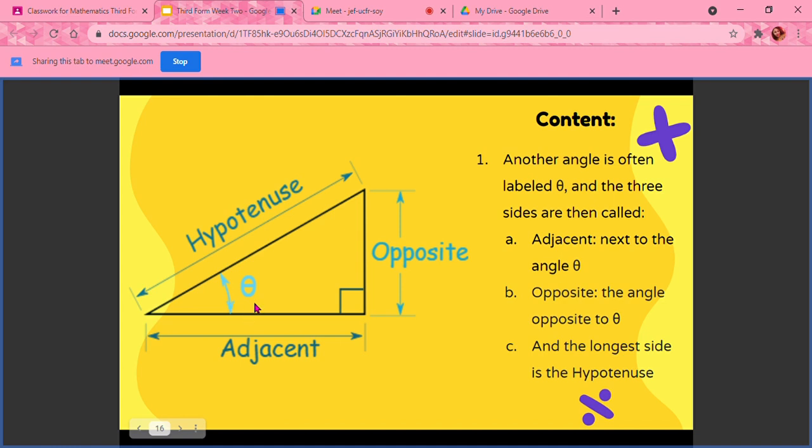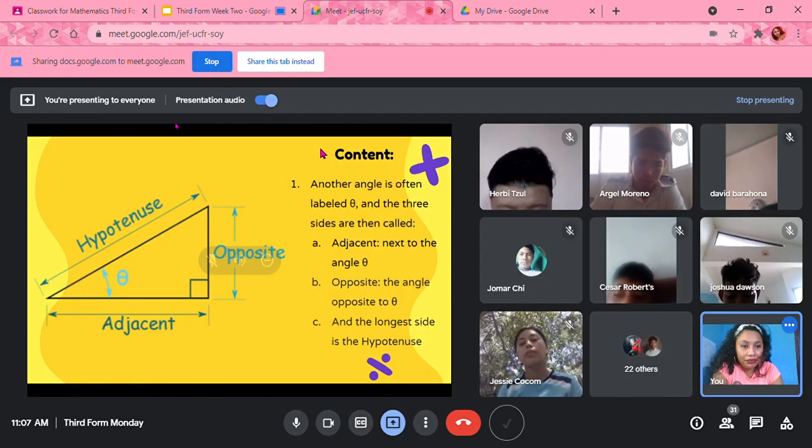In this case, theta is right here. So the adjacent is right beside theta. And the opposite is opposite to theta. If theta was here on this side, then this would have been the adjacent and this would have been the opposite.